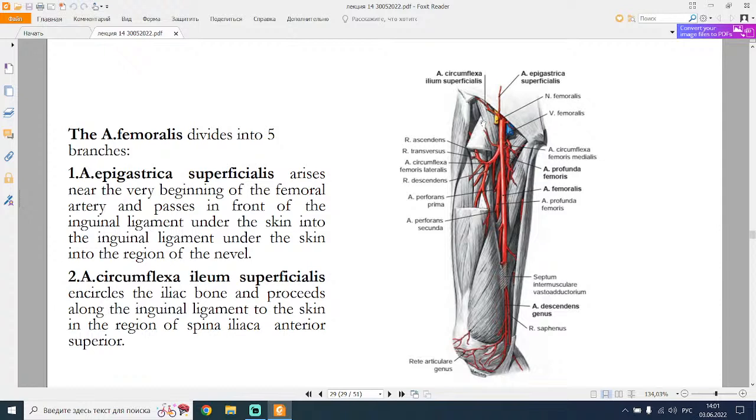Second artery, arteria circumflexa ilium superficialis. Encircles the iliac bone, proceeds along the inguinal ligament to the skin of the region of the spina iliaca anterior superior.